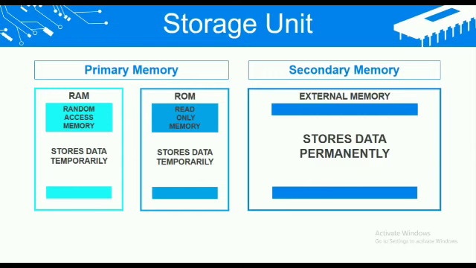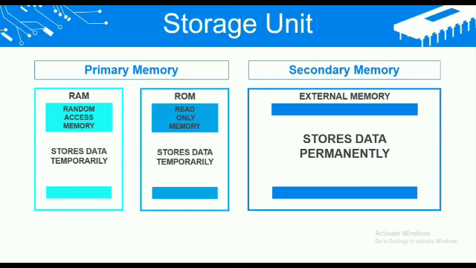The main memory stores data, instructions, intermediate results and outputs temporarily during the processing of the data. The input data is brought to the main memory before processing.